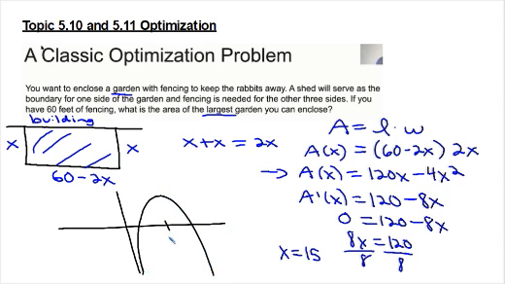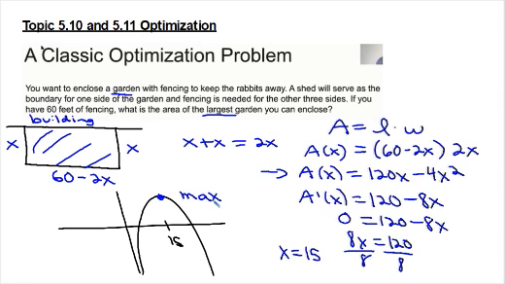We could apply the first derivative test or the second derivative test to prove that this is the max, but you all are good at that at this point. So when x is 15, we get my largest area.